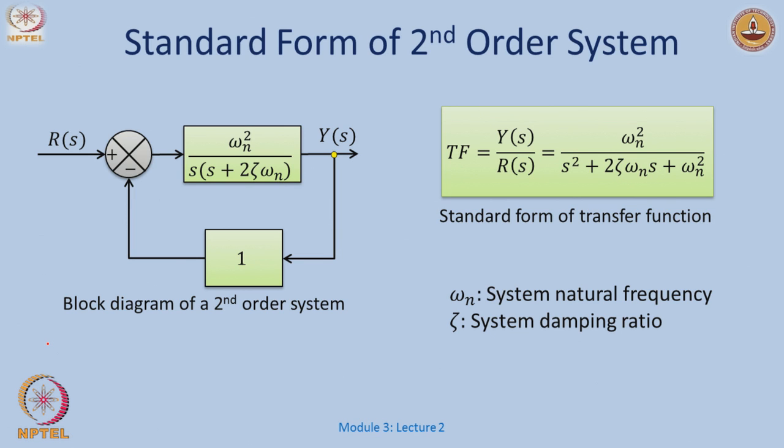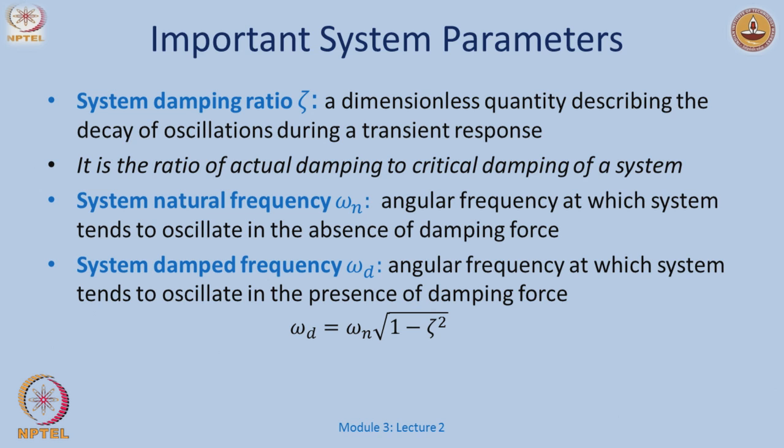Some terminology which will shortly be clear is that omega n is what I call the natural frequency of the system. Zeta is the system damping ratio. Let us just remember it with these names at the moment, and we will see slowly what they could mean. Just some properties of it.